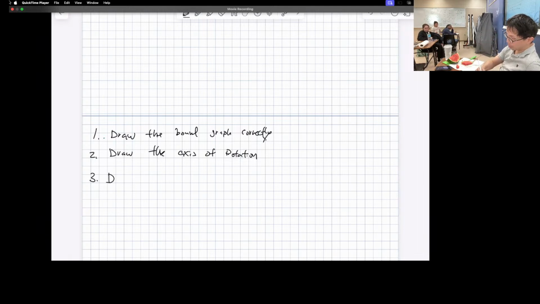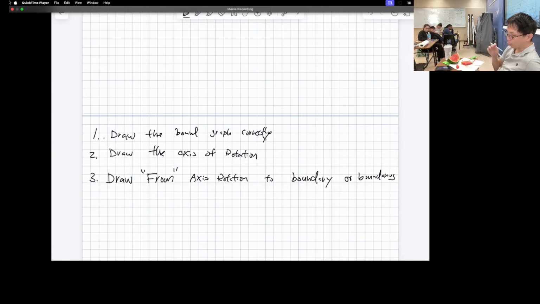So you want to draw, and I'm going to put a keyword: from axis of rotation to the boundary or boundaries. Okay, draw from the axis of rotation to the boundary or boundaries. Usually it's either one boundary or two boundaries.